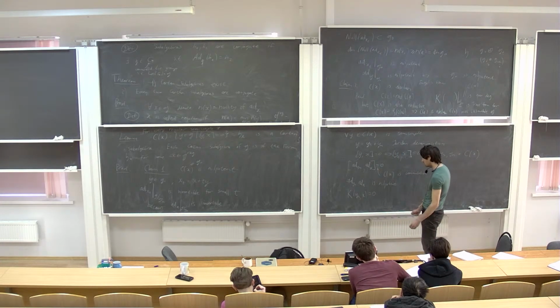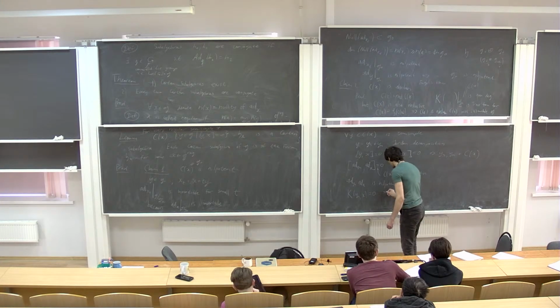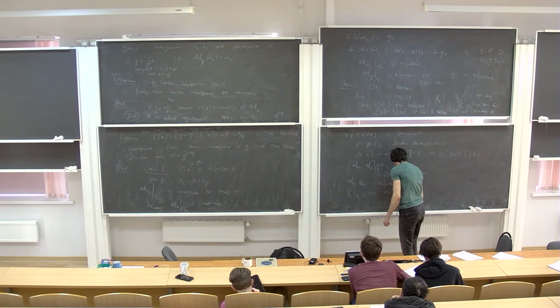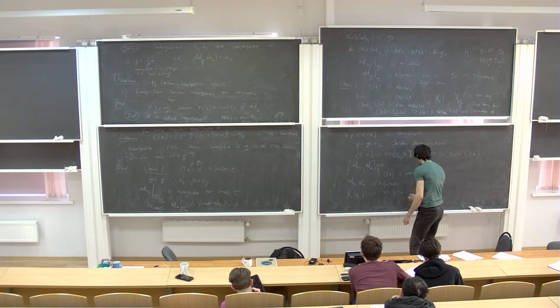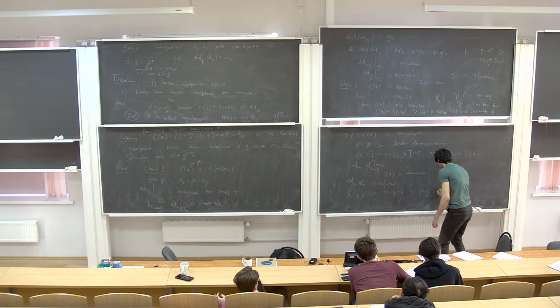Very well, but k restricted to C of x is non-degenerate. So therefore, this means that yn is 0. So therefore, y equals ys is semi-simple.